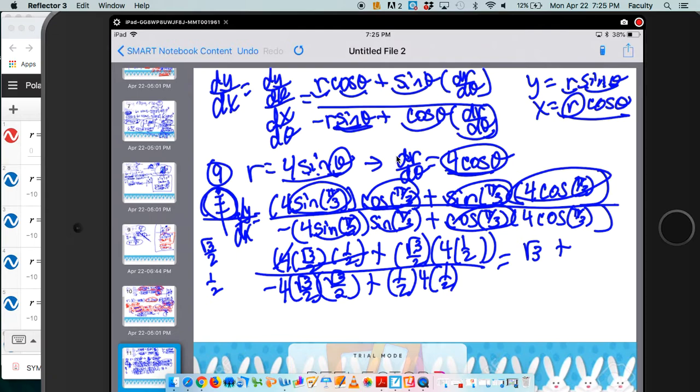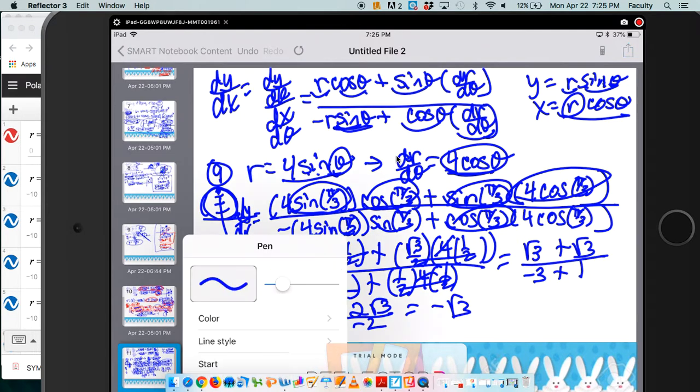These cancel, and I get root 3. And these cancel, and I get negative 3. And these all cancel, and I get plus 1. So I get 2 root 3 over negative 2. And so for my slope, I get negative root 3.